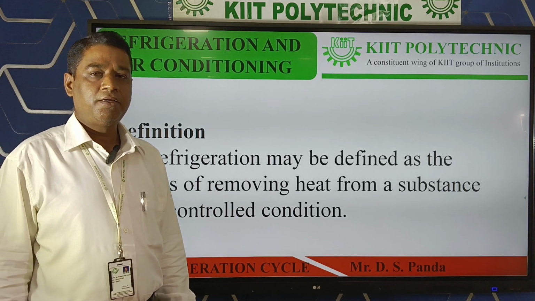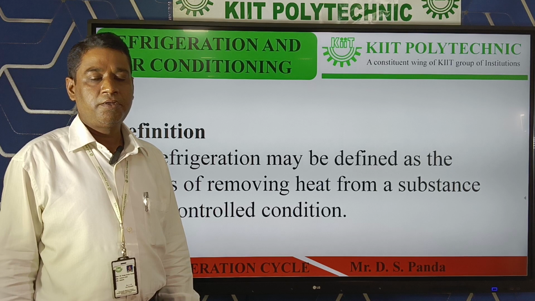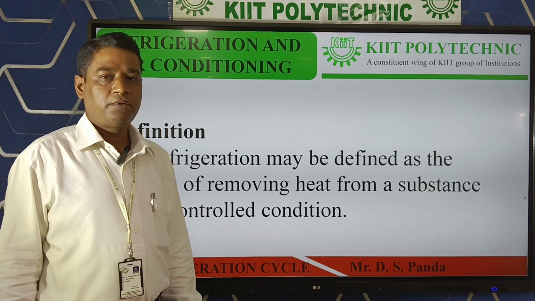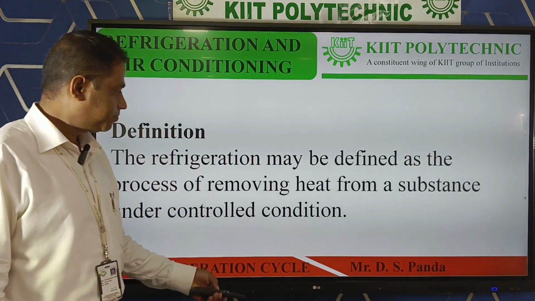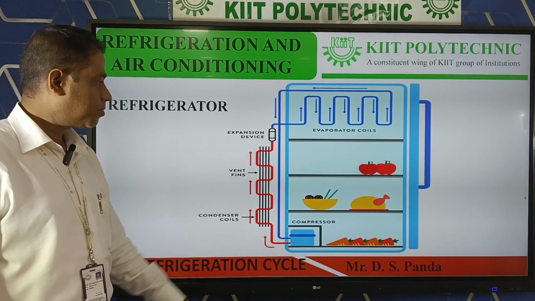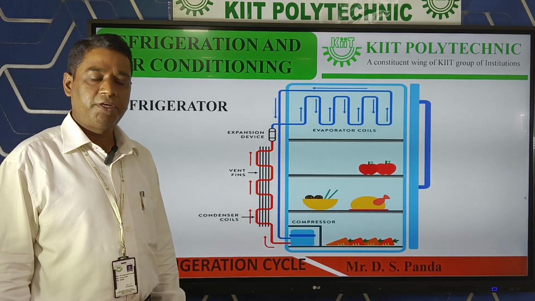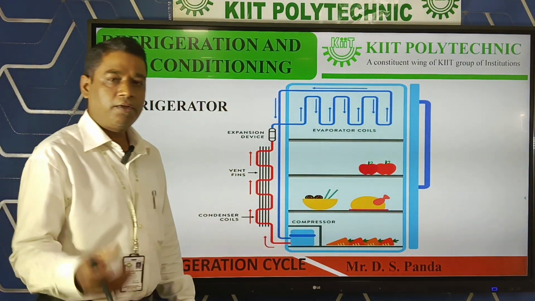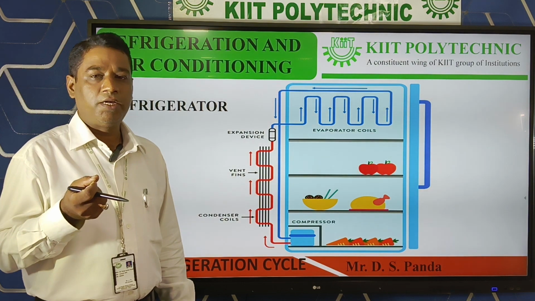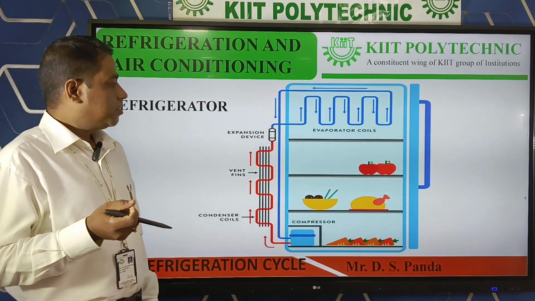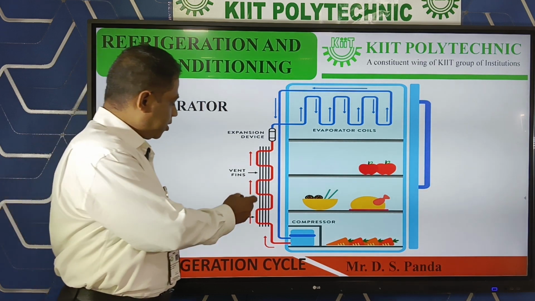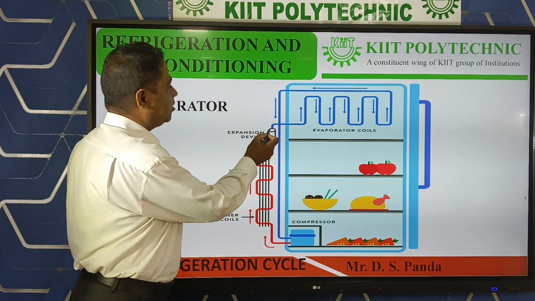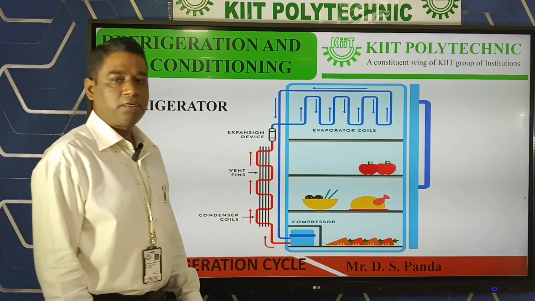The definition of refrigeration: it is defined as the process of removing heat from a substance under controlled conditions. For example, this is a refrigerator. Inside the refrigerator we are removing heat, and for the process different components are used, like a compressor, condenser, expansion device, and evaporator coils.